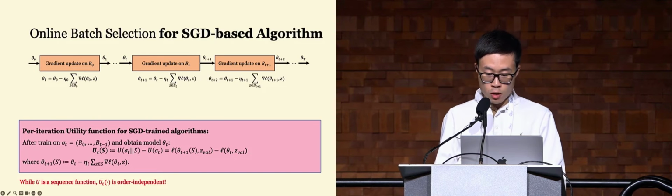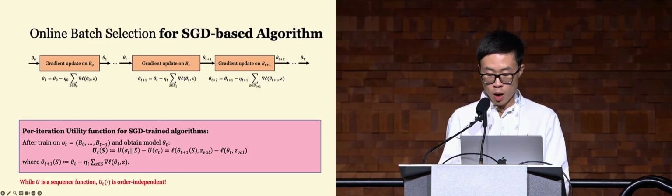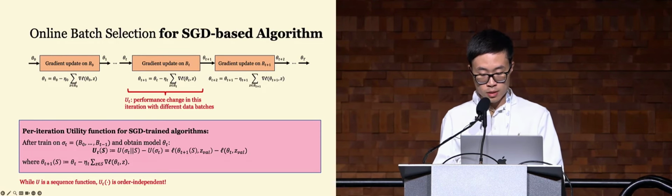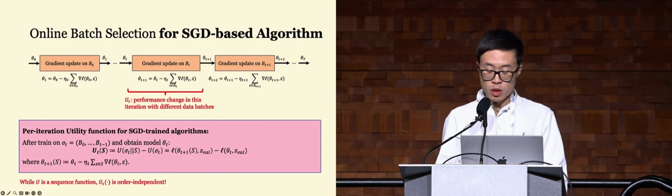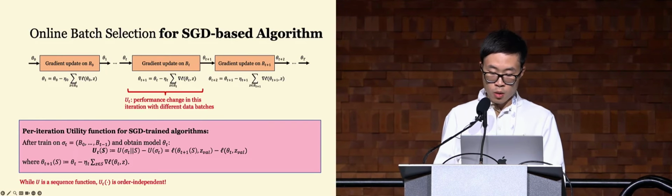Since deep learning models are trained batch by batch, many data selection algorithms use greedy optimization that builds the sequence one batch at a time, which corresponds to the online batch selection technique. This makes the optimization tractable while also capturing the sequential nature of deep learning.